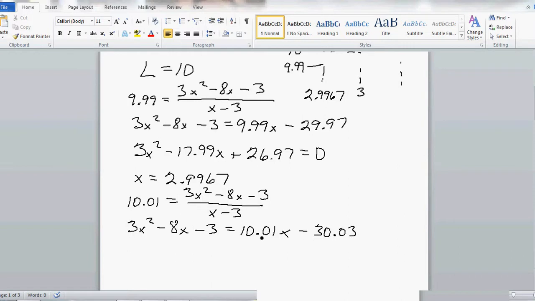Now once again, subtract 10.01x and add 30.03 to both sides, and we get 3x squared minus 18.01x plus 27.03 equals 0. And once again, we can plug this into the quadratic formula to get x equals 3.0033.